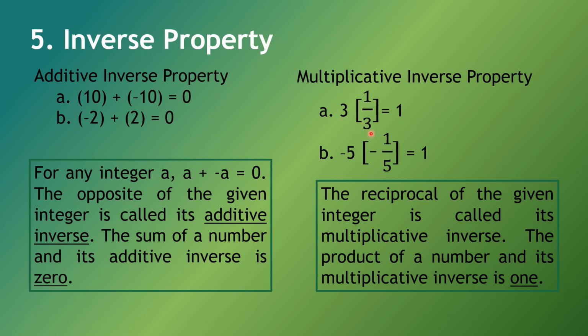Palaging magiging denominator ang given whole number at ang sagot ay palaging 1. So kapag ang given ay 100, imumultiply natin yung 100 sa 1 over 100. And then the answer is 1.